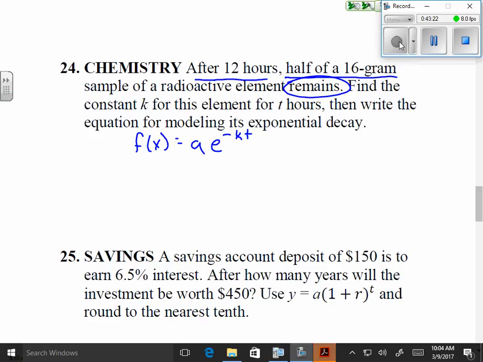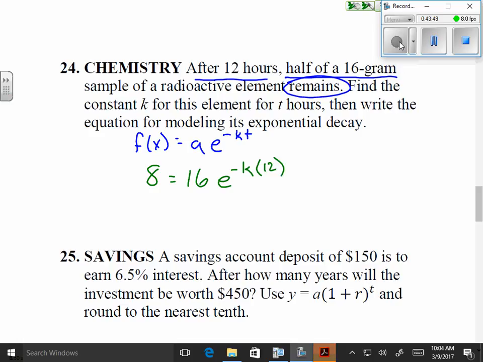Now, half of a 16-gram sample remains. So how much is left? 8. Started out as 16. E to the negative k, we don't know. T is our time, and this happened over a period of 12 hours.